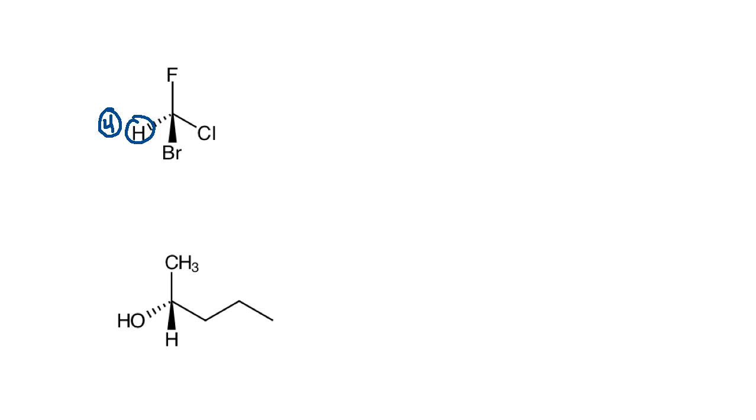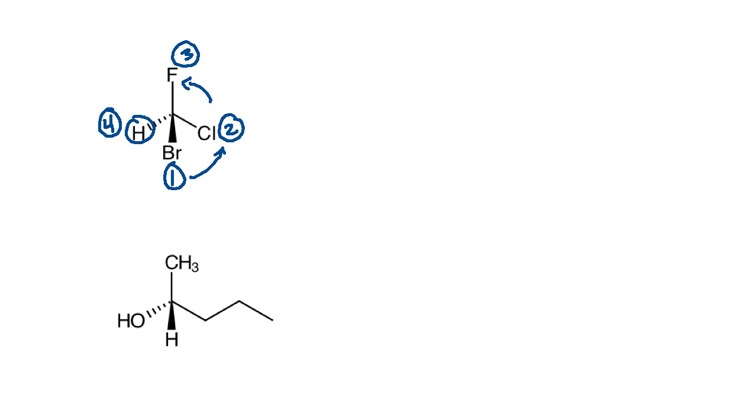So bromine is highest on the list because it would be furthest down on the periodic table. It would have the largest atomic number. So I rank this as 1, and I rank chlorine as 2, and I rank fluorine as 3. And I would go from 1 to 2 and 2 to 3, right? That's the way that I'm moving. So I ignore 4.